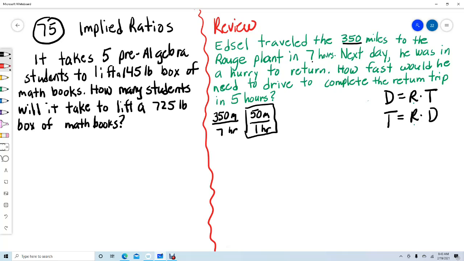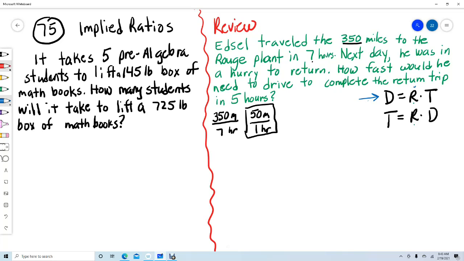Now, we want to find out the rate of speed on his return trip. So our answer is going to be a rate of speed. If you recall, this is the problem in which we use rate of speed when we're trying to solve for distance. So we're looking for a rate right here. This is the one that involves rate of speed.